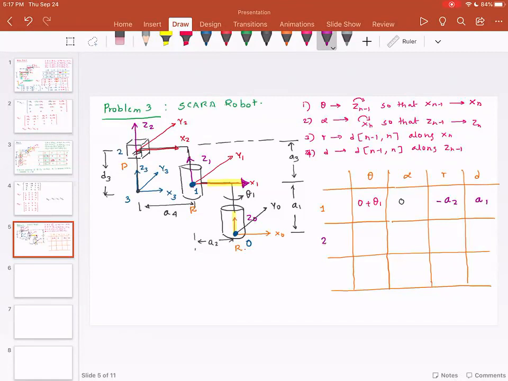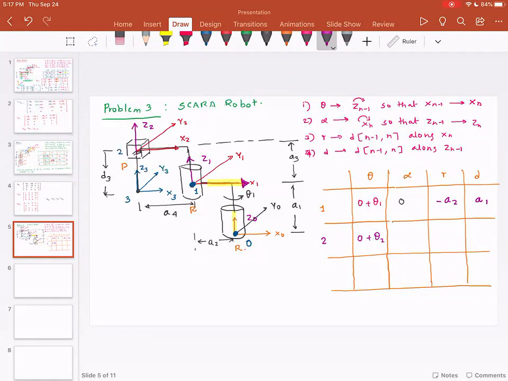Now the next thing is frame 2. For frame 2, theta is the rotation about Z1 so that X2 and X1 are aligned. Please note they are already aligned, so this becomes theta 2. Alpha is the rotation about X2 so that Z1 and Z2 are aligned.